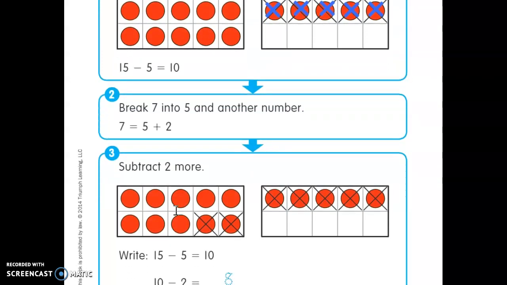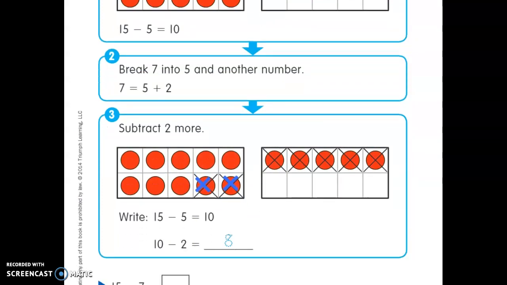And the way that they did that is now they took away 2 more from this one. So let's see what we have. So we can write 15 minus 5 equals 10, or 10 minus 2 equals 8 when we do it all together.